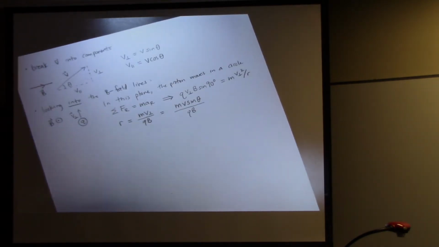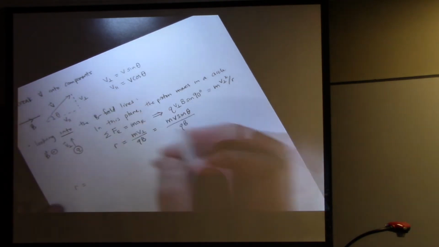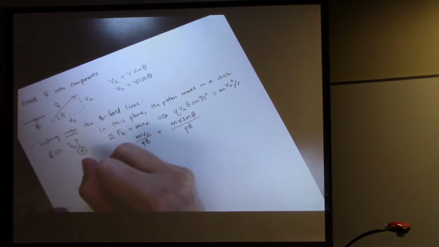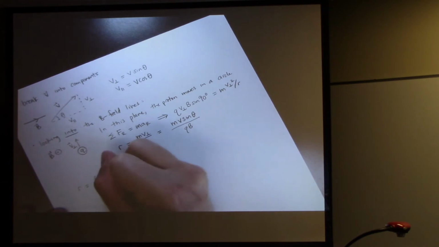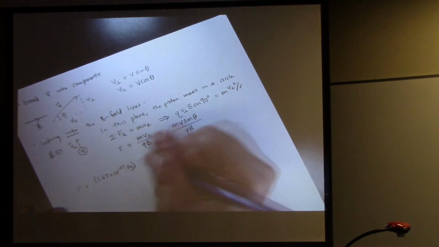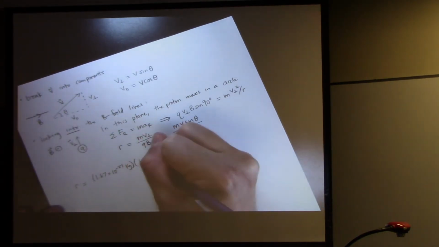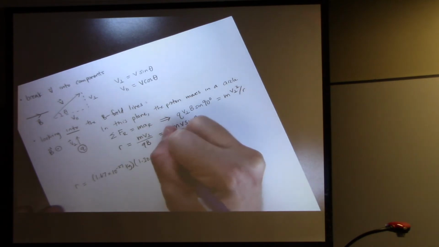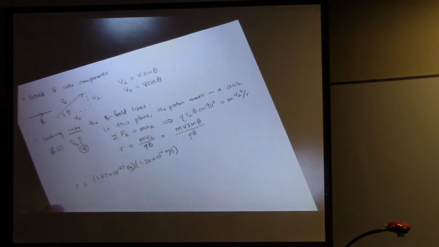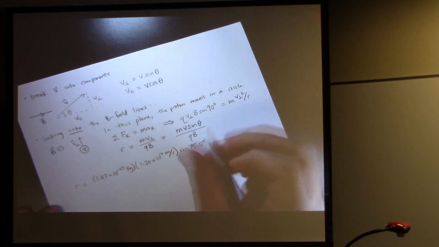All right, so then it's time to plug in the numbers. The radius is equal to the mass of my proton, which is 1.67 times 10 to the minus 27. Units are kilograms for mass. I have to take the speed now, which is 1.30 times 10 to the 7 meters per second, and then multiply by sine of the angle, which is 75 degrees.